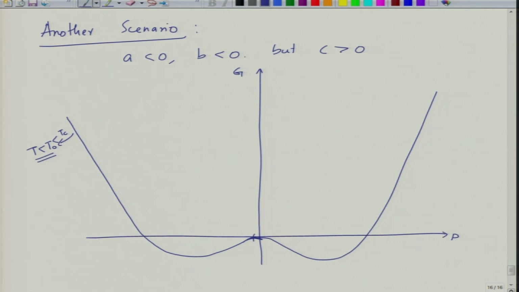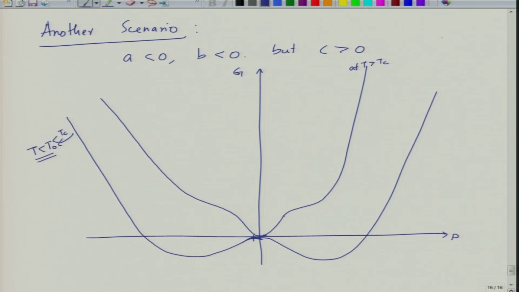So, this is the case at very high temperature, when we are at a temperature T greater than Tc, then our situation is something like this. The free energy changes sort of, so this is at T greater than Tc, and here we are saying that B is less than 0, C is greater than 0, and we are looking at the change in the sign of A. Okay.